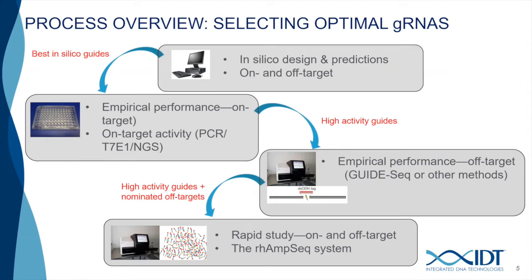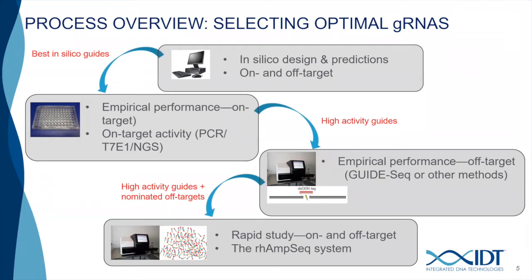Once you do that, you then have to have a way to measure this also in your cells of interest. I'll talk about this in later slides, but the rhAmpSeq system is a technology that IDT has developed.